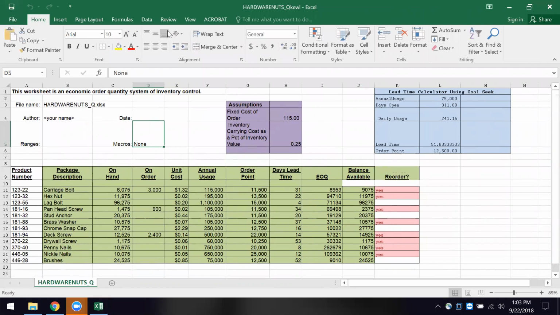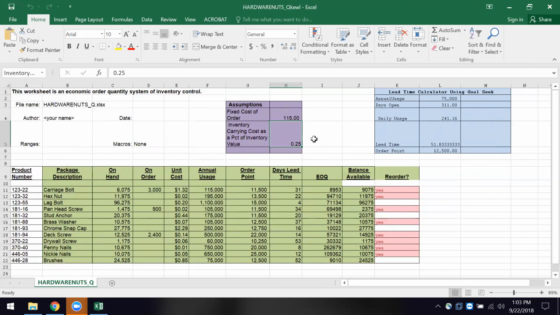Now, I want to show you some things up here, okay? First of all, you're going to see an assumptions area, that's in the purple, the fixed cost per order, which is part of the EOQ equation, and then inventory carrying cost is a percentage of inventory value. Now, different types of inventory items are certainly going to have a different cost in terms of carrying them.